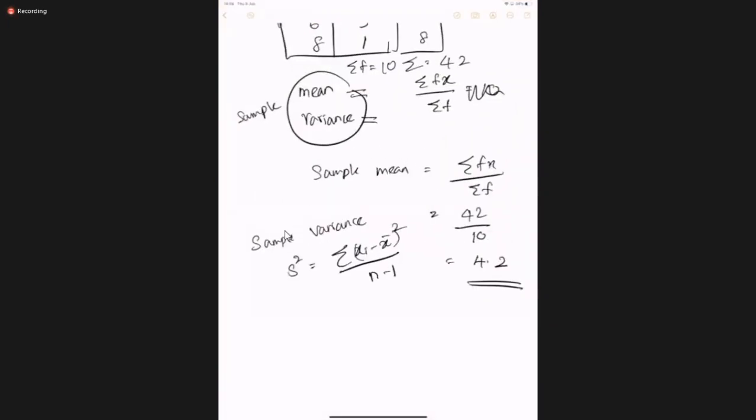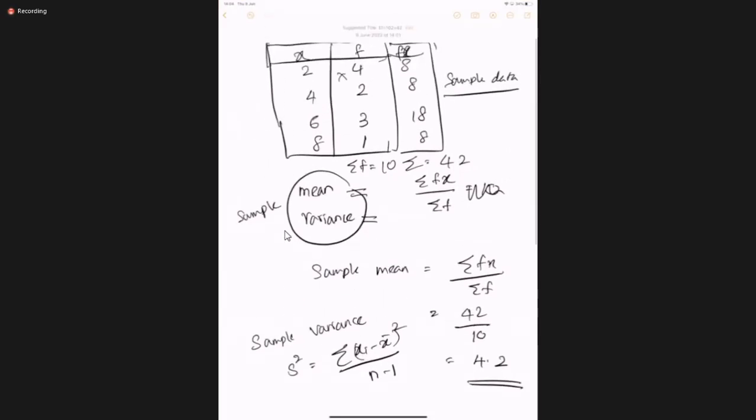So here I wrote the formula we use to find the sample variance if we have a data list. But here we do not have a data list. Here we have a frequency table. That means we have grouped data, right?